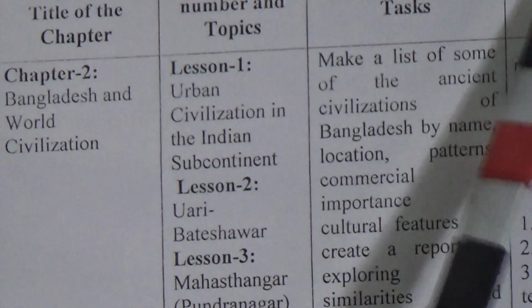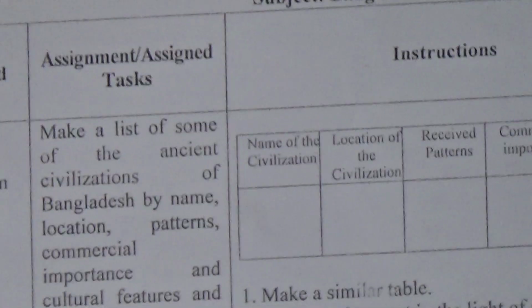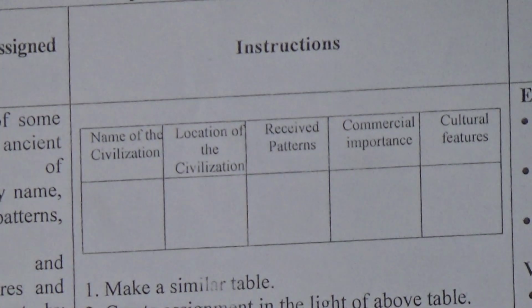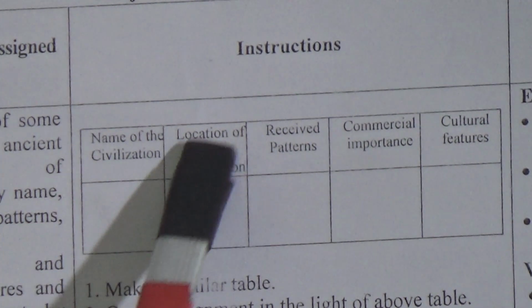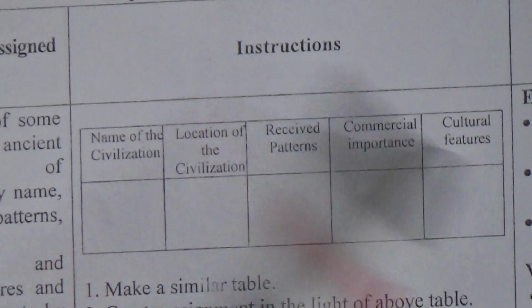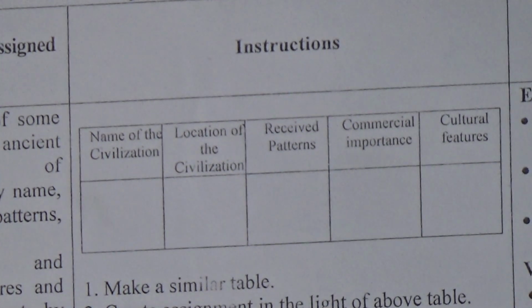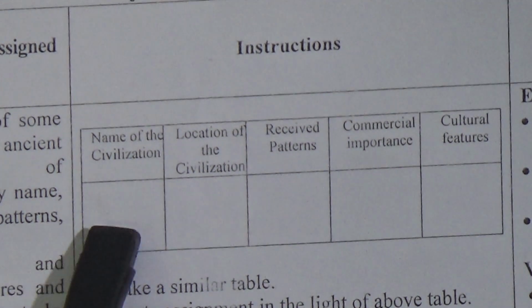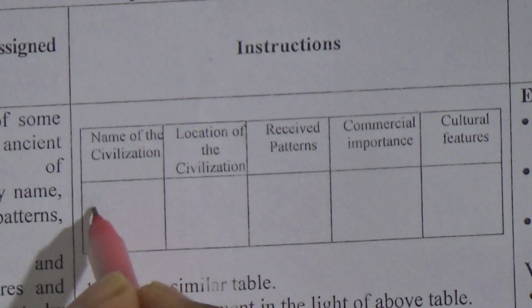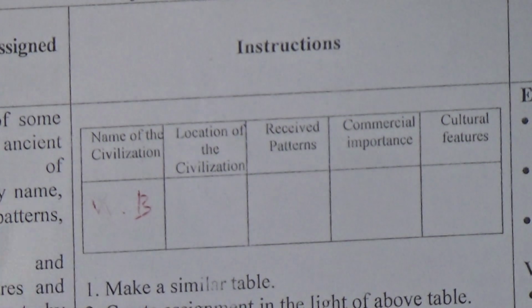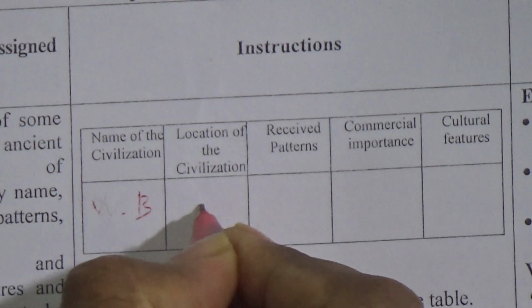Okay? Then the instruction, that means how you will solve it. You will have to show this kind of chart: name of the civilization, then location of the civilization, received patterns, commercial importance, cultural features. Dear students, imagine that in this portion you will write about Wari Boteshwar. Then location of the civilization, that means where this civilization developed.